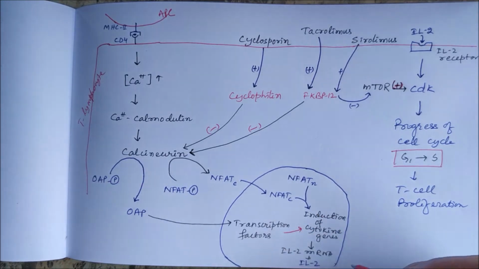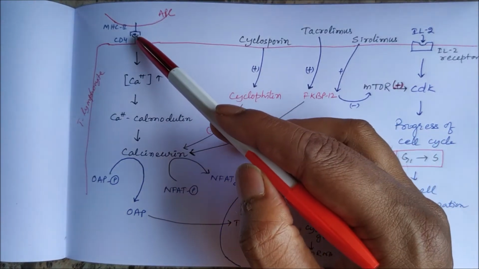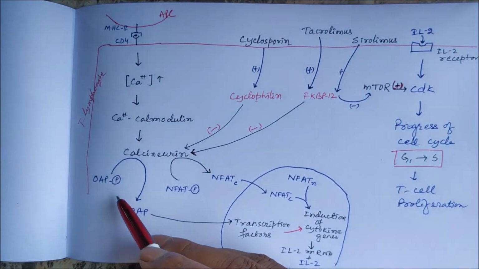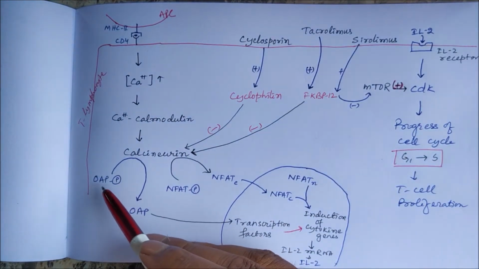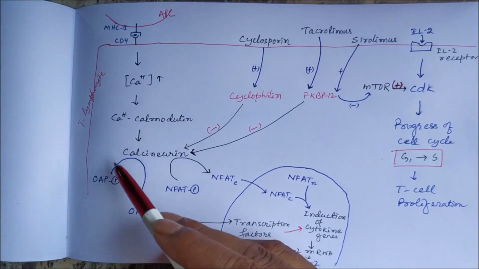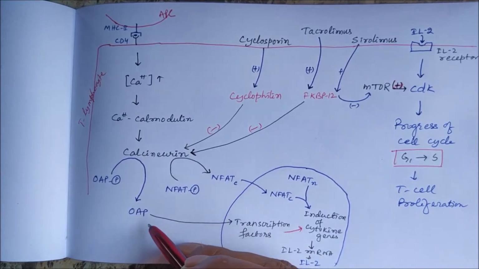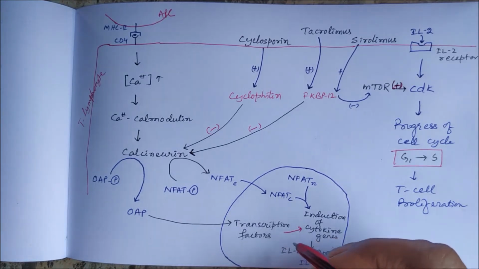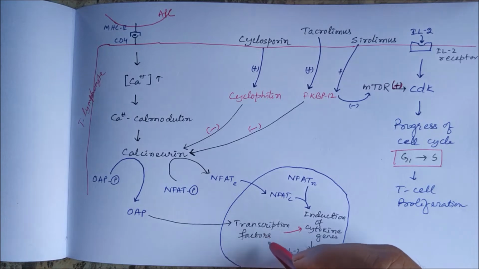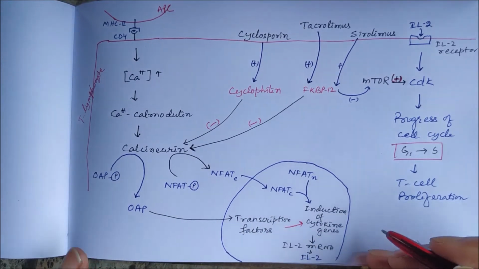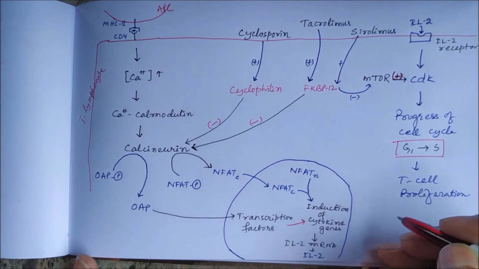So interleukin 2 production occurs in response to the CD4 and MHC2 interaction, and calcineurin also activates octamer activating protein. So OAP phosphate, there will be dephosphorylation into OAP, and this OAP induces the production of transcription factors, which help in the induction of cytokine genes.